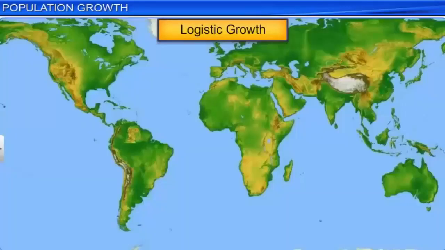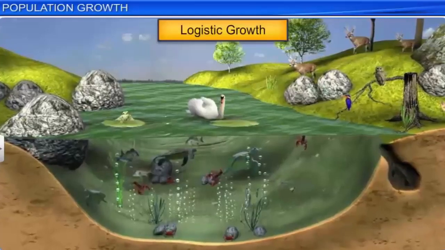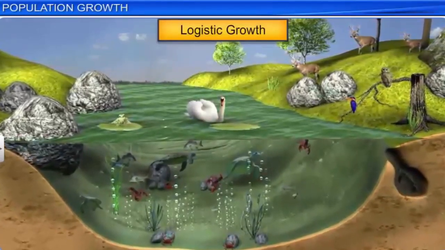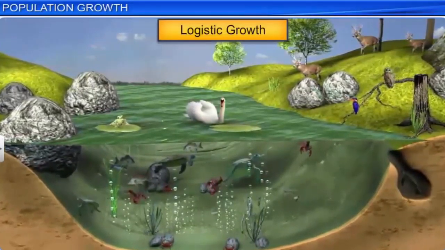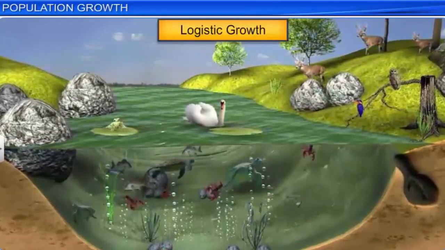Keeping this fact in mind, the governments of many countries have introduced various restraints to limit human population growth. In fact, in nature, a given habitat has sufficient resources to support a maximum number of individuals, beyond which no further growth is possible.